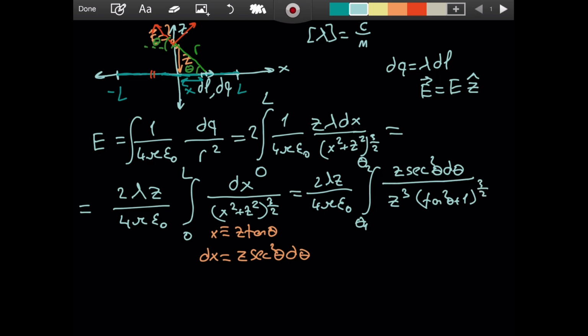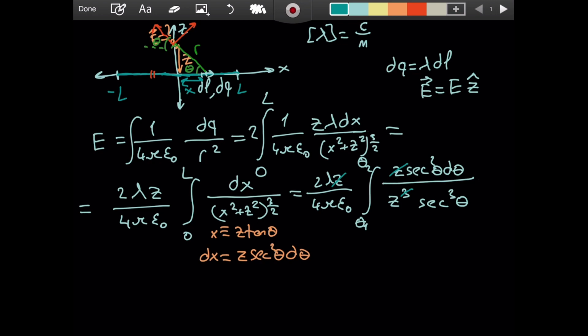Now, tangent squared plus 1 is just secant squared theta. And if you take it to the power of 3 over 2, the 2's will simplify, so you will have secant cubed of theta. I'm taking this step very quickly, but anyways. So let's simplify these z's.